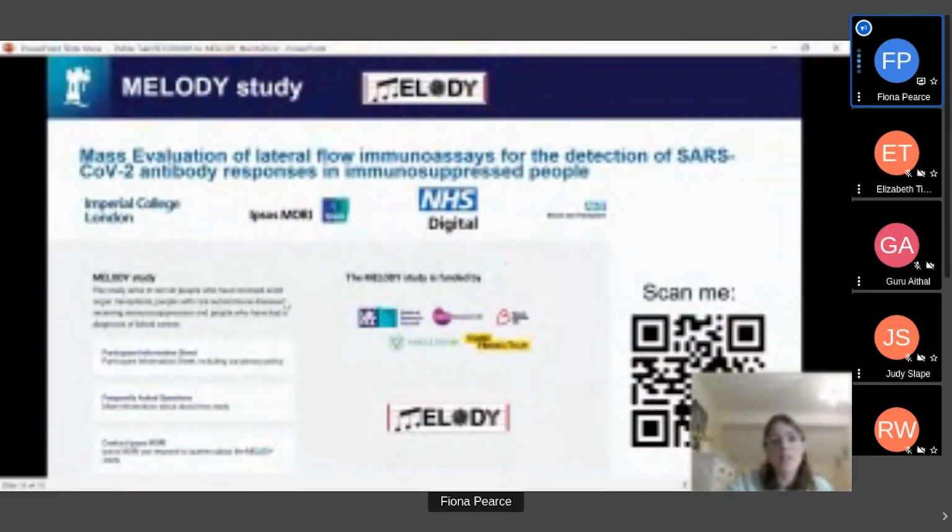So this is the study page for the MELODY study. This is the study for people with suppressed immune systems to find out if they've got antibodies. There's a QR code here if anyone wishes to scan it to get to that webpage to find out more about the study.